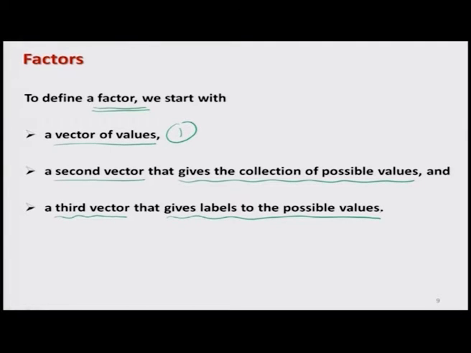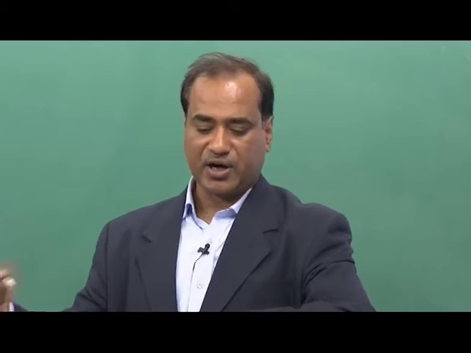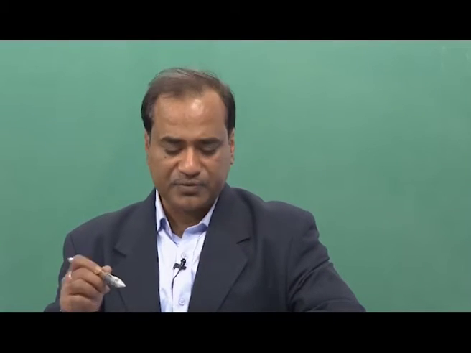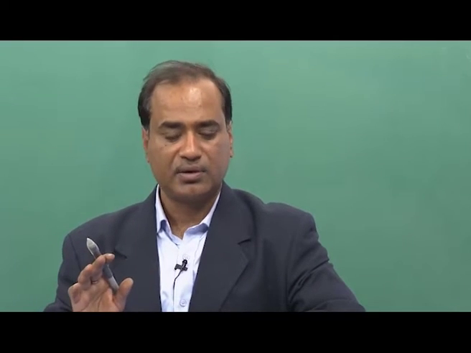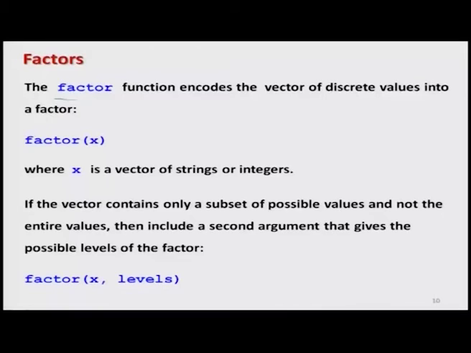Again, do not worry, we will take an example to understand these concepts. But before that, let us understand how the factor is dealt with in R. First, I will briefly give you an idea of the syntax and then come up with an example. The word factor is the command to encode a vector of discrete values into a factor.